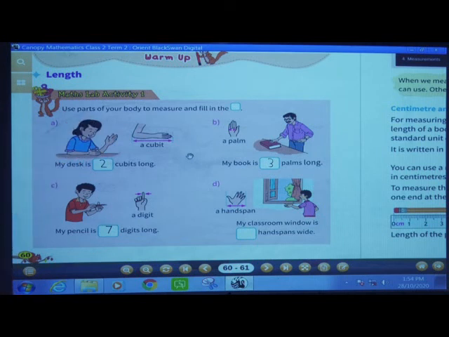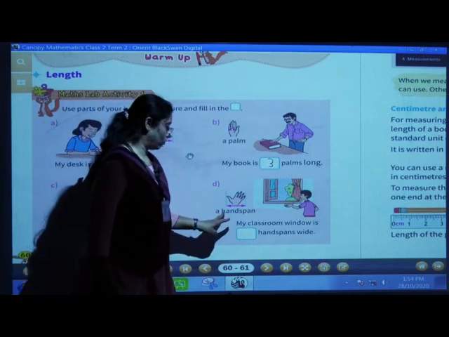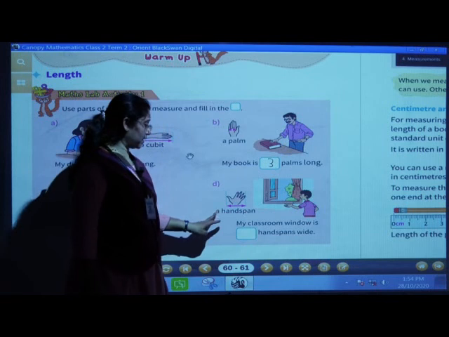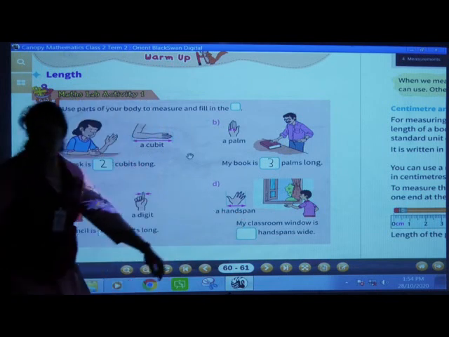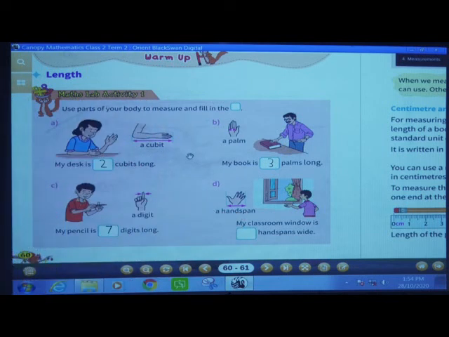Now fourth, that is a handspan. We use our body part for measuring the object, that is called handspan. What is meant by handspan?